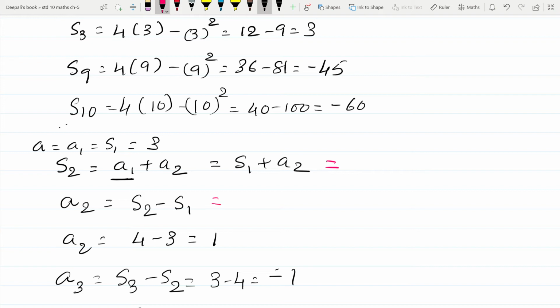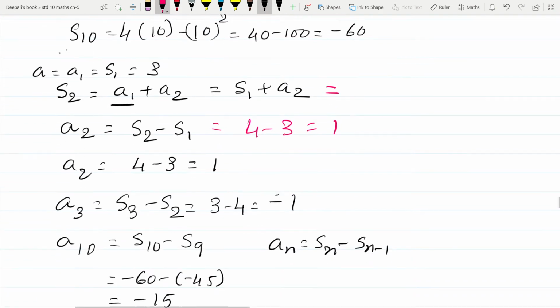So I get the answer as 4 minus 3 is equal to 1. Then A3 is S3 minus S2, which is 3 minus 4, equal to minus 1.